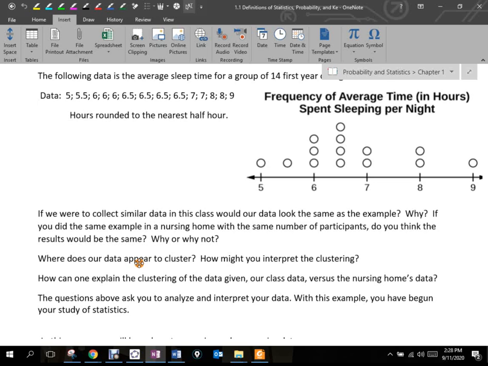What is the trend that we're seeing with this data? Any suggestions, any ideas? Where are most of our data points located? Between 6 and 7, right? So we're going to argue that first-year college students out of this sample are clustering between 6 and 7 hours of sleep a night.